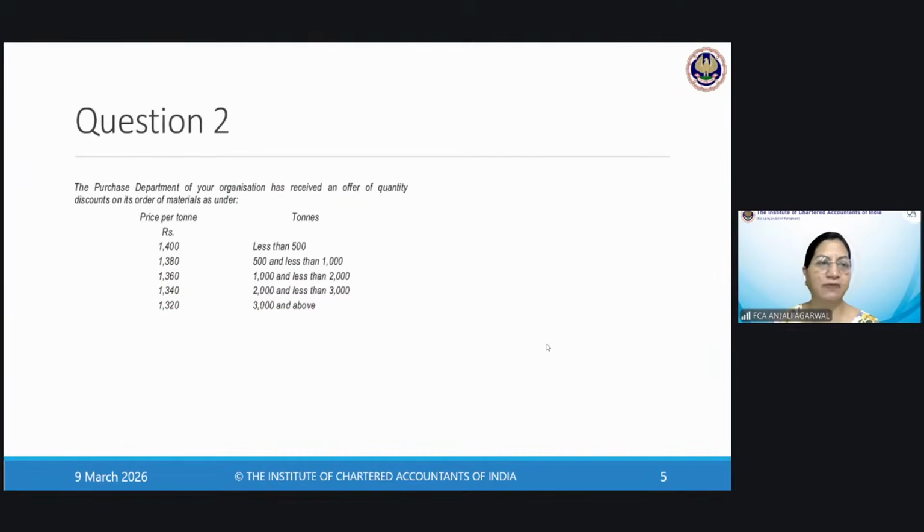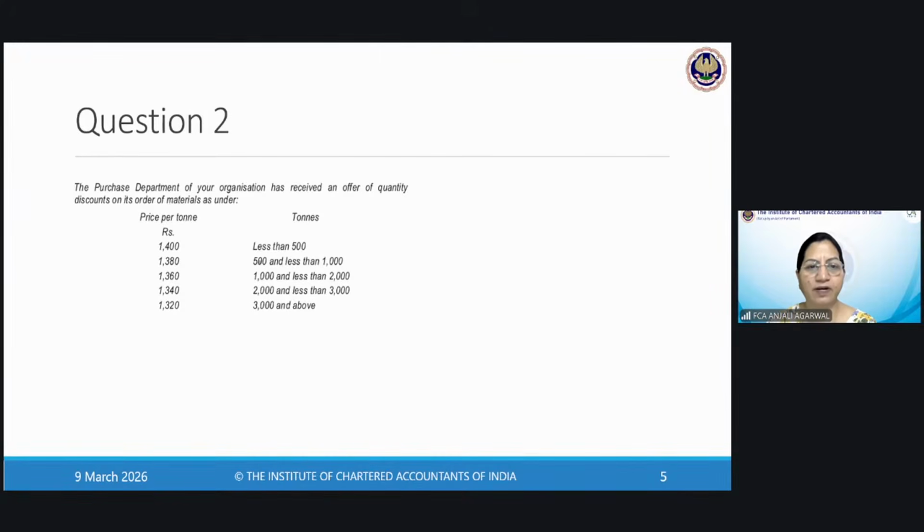Now, the next question here is of successive discounts. When you have successive discounts, the raw material cost also becomes important. The purchase department of your organization has received an offer of quantity discounts on the order of material. If you order less than 500, 1400 will be the price.